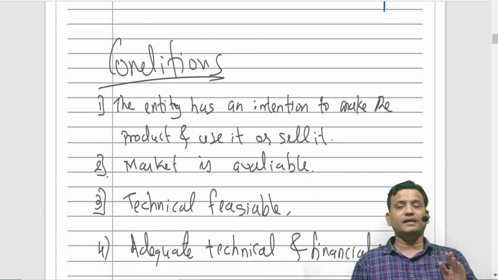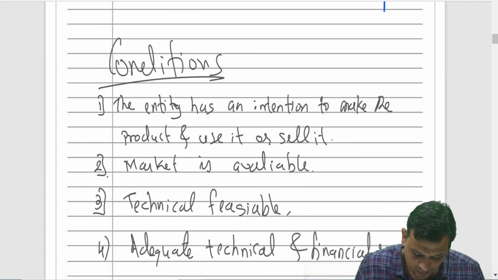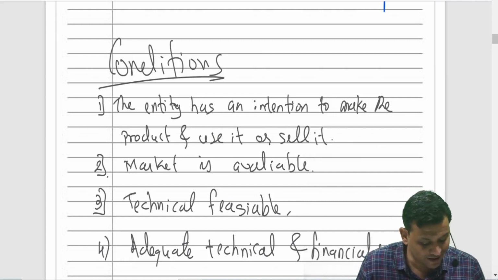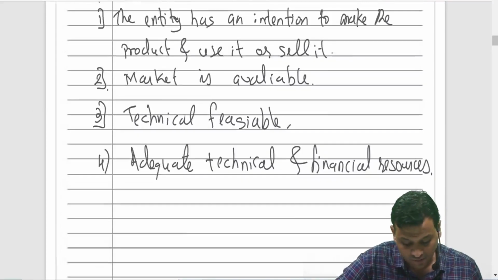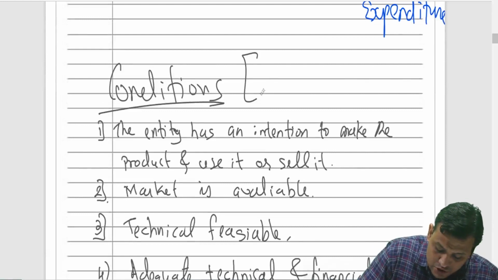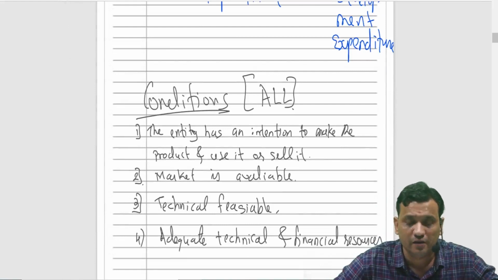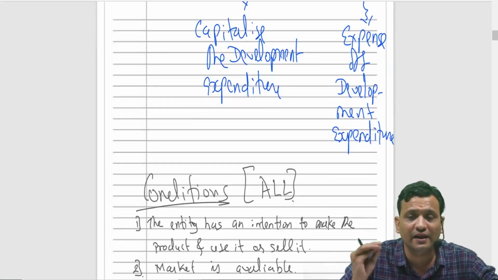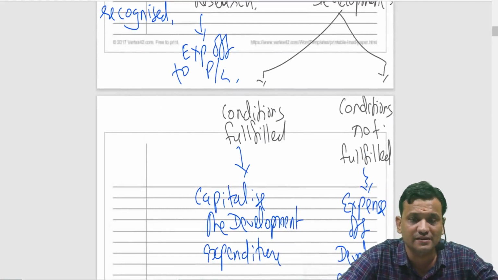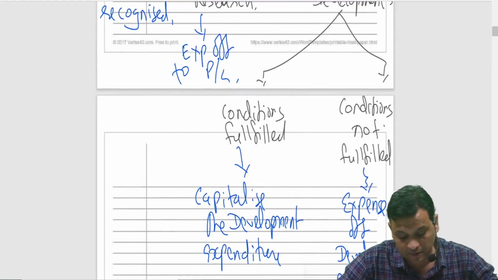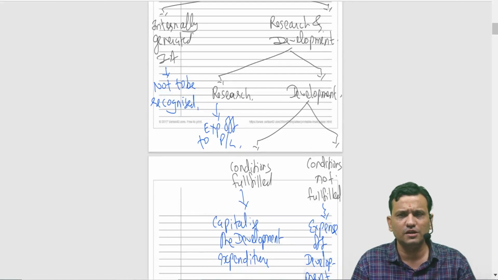You have to fulfill all the conditions. If all the conditions are fulfilled, then you should capitalize development expenditure. Otherwise, expense off. But if you say, sir, my research and development is together, then logically it should be expensed off.